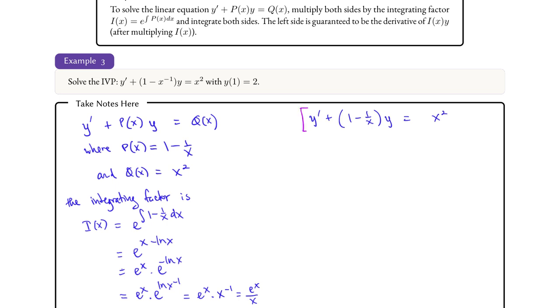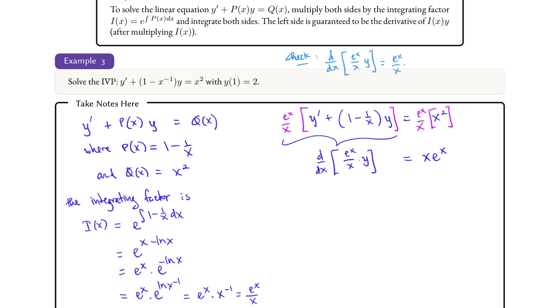We then multiply the integrating factor to both sides of the linear equation in the standard form. And we guarantee that the left-hand side is the derivative of the product of I(x), which is the integrating factor, and y. We can verify this by implicit differentiation.